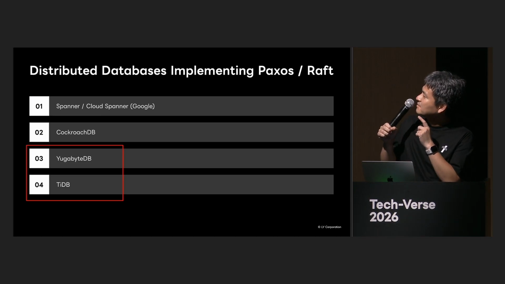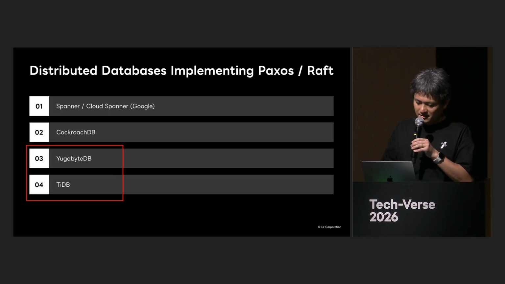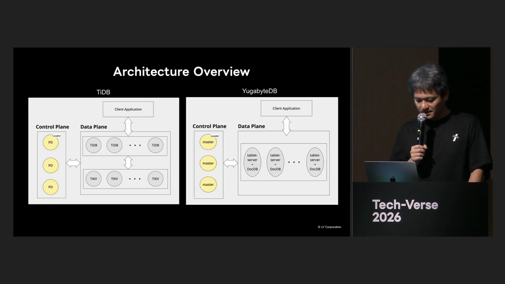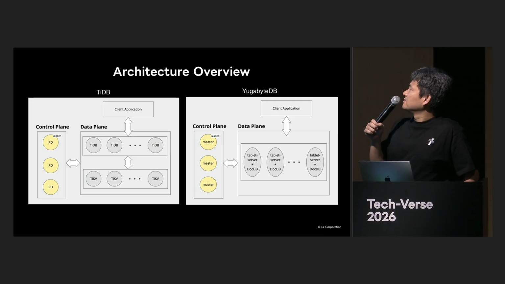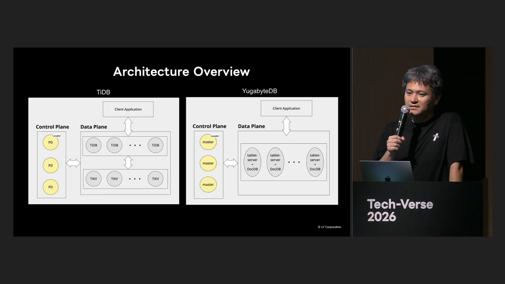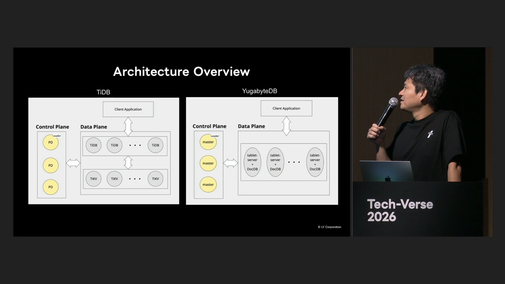And so, from here, Yugabyte DB and TiDB, which are implemented with Raft. Let's compare them. First, I will present 2 rough architectural overviews, but since these are overviews, actually, when abstracted to this extent, both are generally the same.